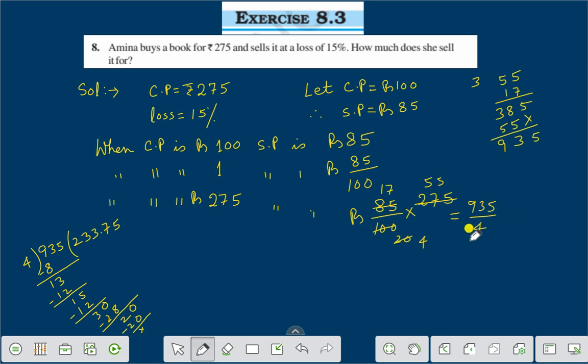Therefore, you can write it here as rupees 233.75. Right? What is the question? How much does she sell it for? Therefore, Amina sells the book for rupees 233.75.